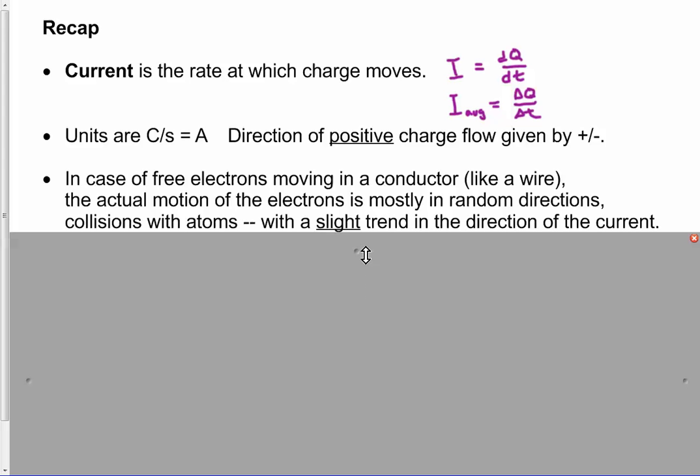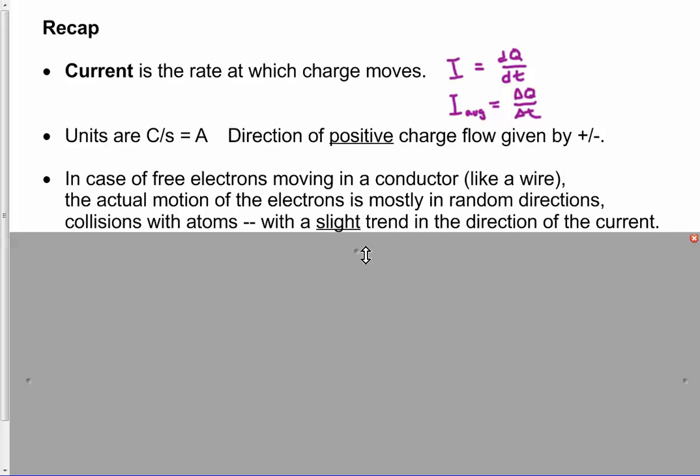And then we talked about what's really going on. We said, if we talk about the usual case, when charge is flowing, which is free electrons moving in a conductor like a wire, what's mostly going on really is the electrons are bouncing around in random directions and moving very fast until they collide with an atom, and then they bounce off in some other random direction.